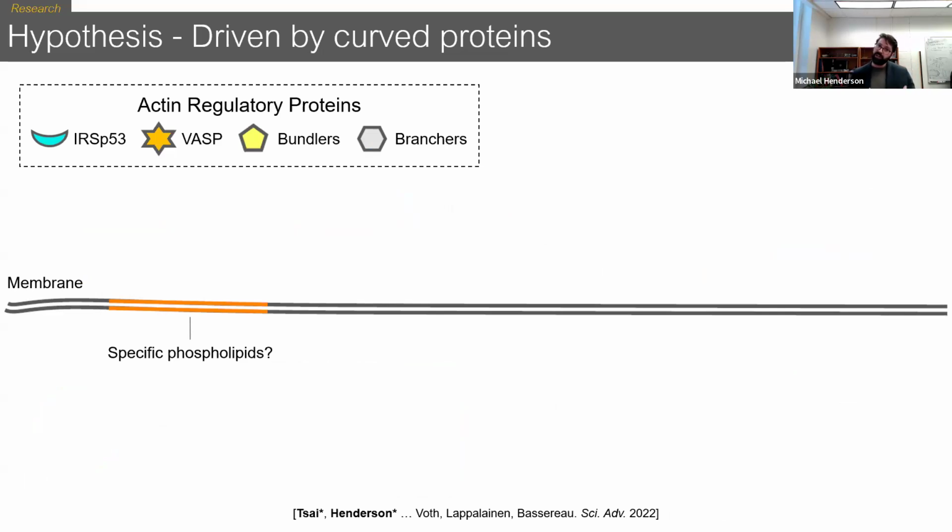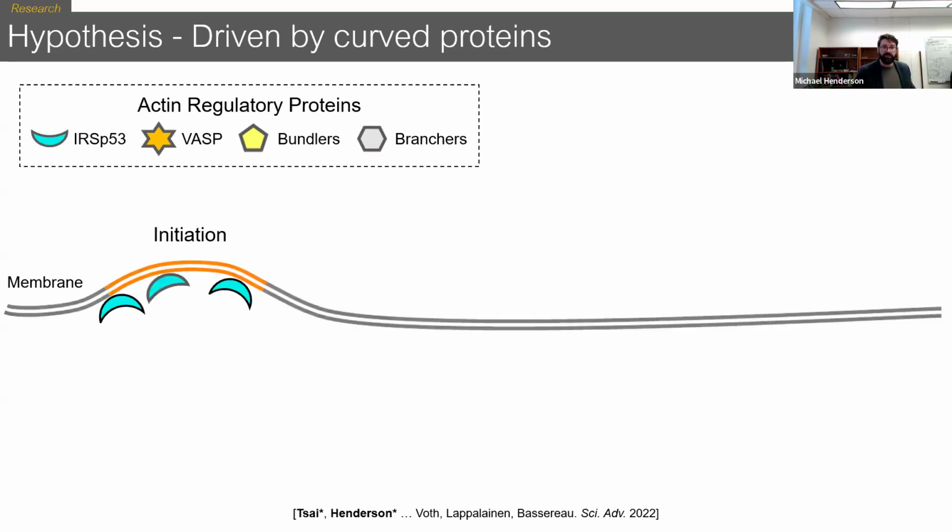The hypothesis we had is that the key components you need to drive protrusion formation is organization of these curvature proteins. For example, you could have an initial organization, or clustering, of specific phospholipids that are important for recruiting IRSp53 to the membrane. Once you have enough IRSp53 at the membrane, it can drive the deformation that's dependent upon its intrinsic curvature.